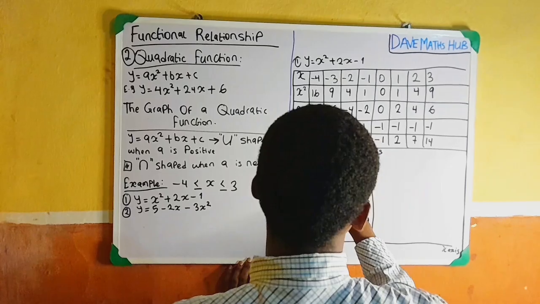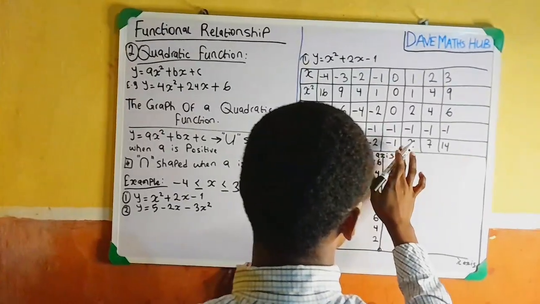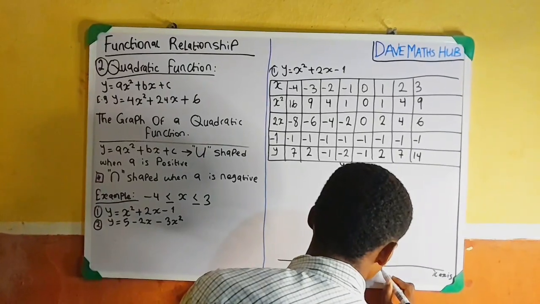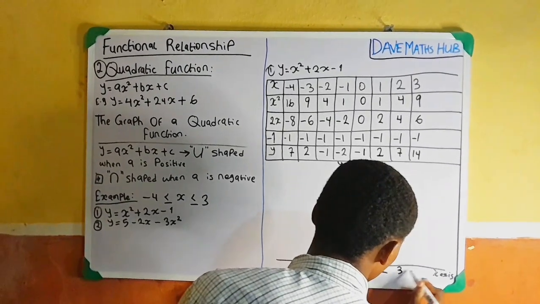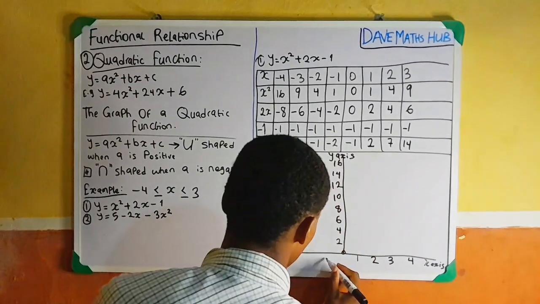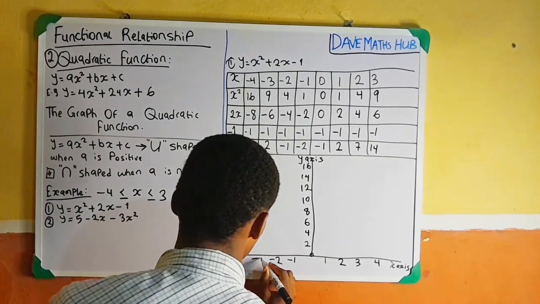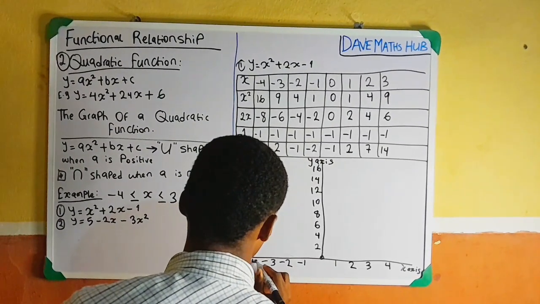So this is moving in 2, and x is moving in 1. We can have here 1, 2, 3, and 4. Likewise here, minus 1, minus 2, minus 3, and minus 4.